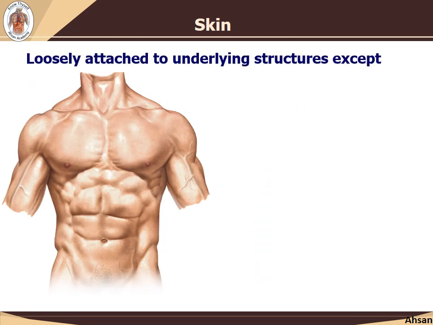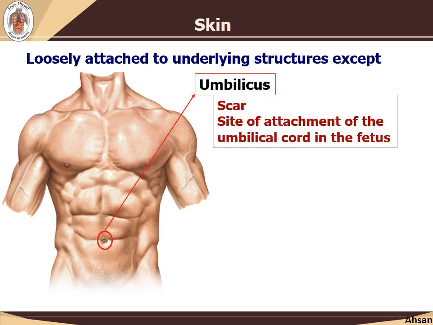So the skin is very mobile and can easily be moved, except in some regions where it is tightly adherent. One is the umbilicus. This is the scar, the site of attachment of the umbilical cord of the fetus, so in this region the skin cannot be shifted.